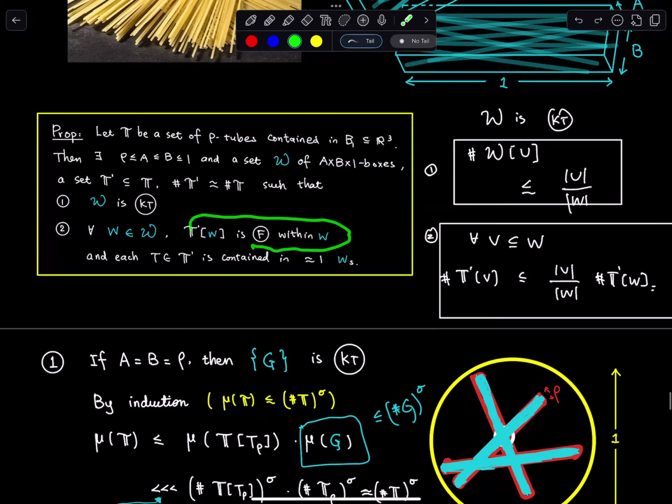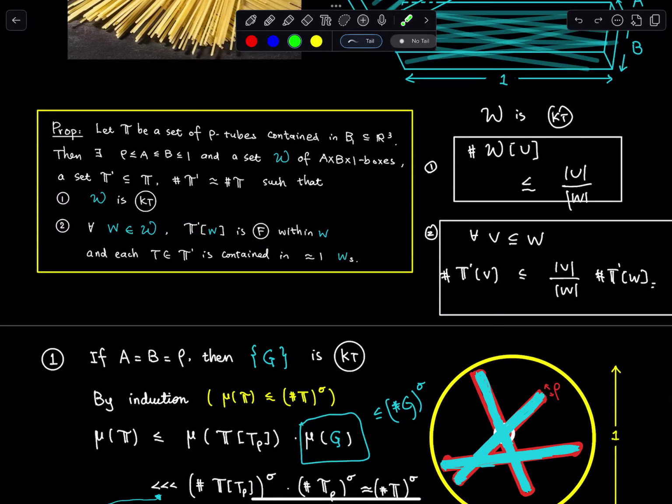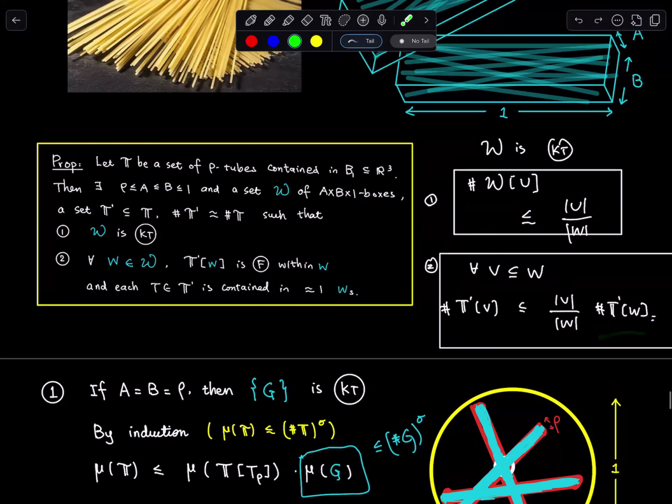This means that for any box V smaller than W, the number of tubes contained in V is less or equal to the volume of V divided by the volume of W times the number of tubes contained in W. So this is a renormalized Frostman-Wolff axiom.